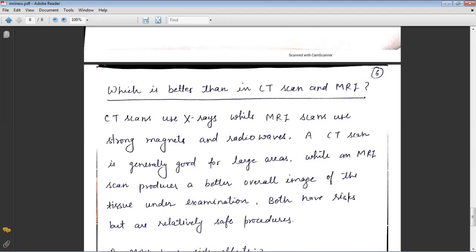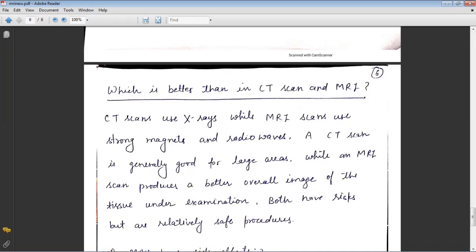CT scan uses X-rays, while the MRI scan uses strong magnets and radio waves. This is the main difference between the CT scan and the MRI scan.